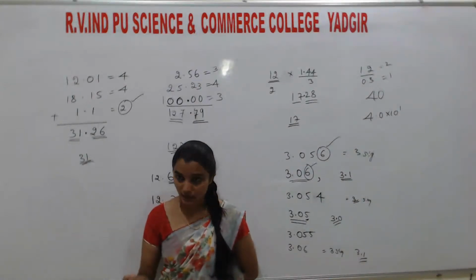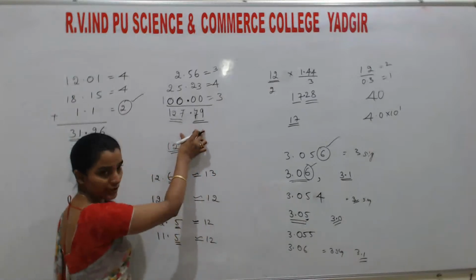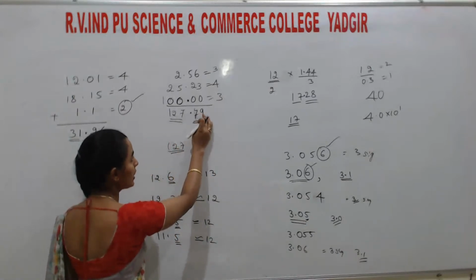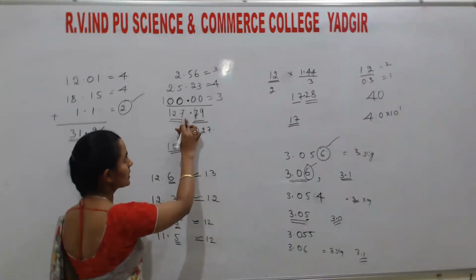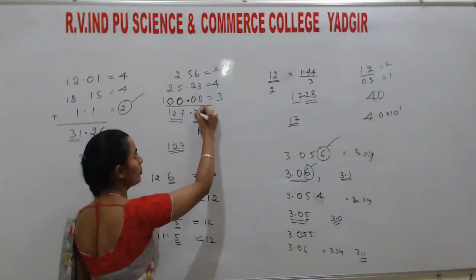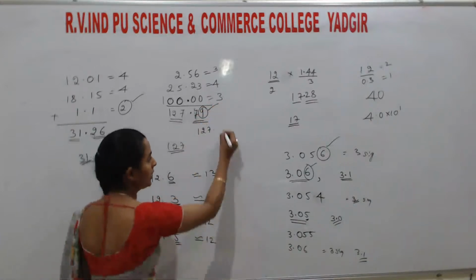Listen here, we want to represent it in a 3 digit value. Here 127.79 is there. We eliminate the last term, then it becomes 127.8.